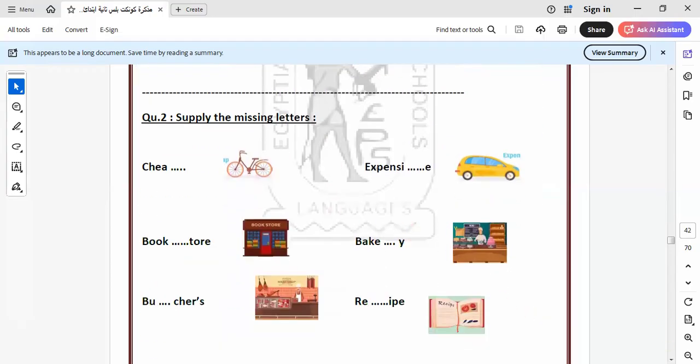Let's go to another one. Here we have cheap, expensive, bakery, recipe, butcher, bookstore. Let's continue the rest of the exercise.